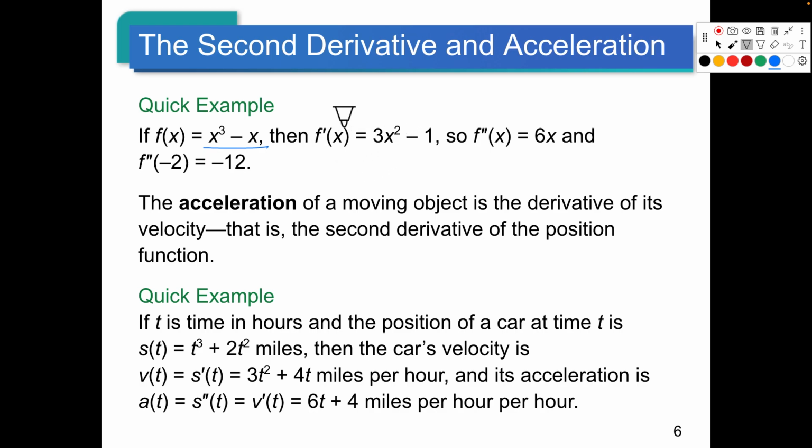This would be the velocity here. This is position, so it would tell us how much distance has been covered. And then when we took the second derivative, this will give us acceleration.